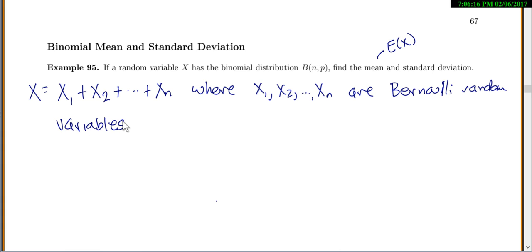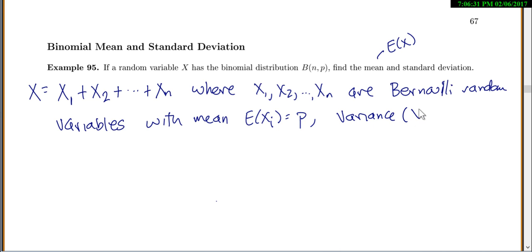And Bernoulli random variables have a mean, or expected value of xi, equals p, and the variance of each one is p times 1 minus p. So again, Bernoulli was just one trial. If you do it lots of times and you add it up, you get a binomial random variable.